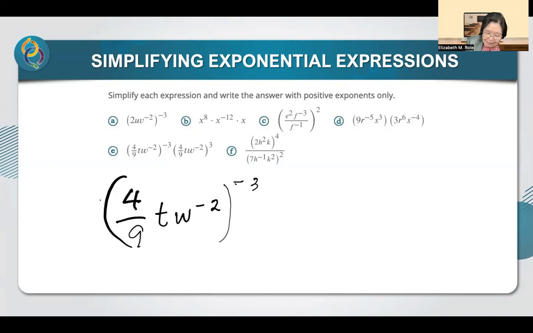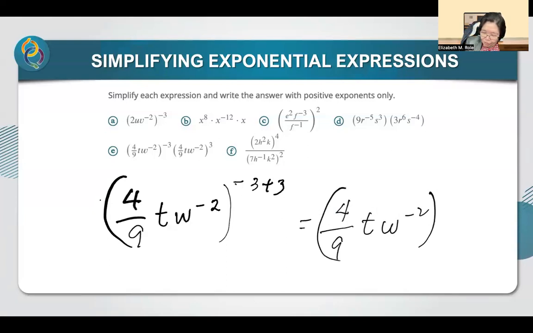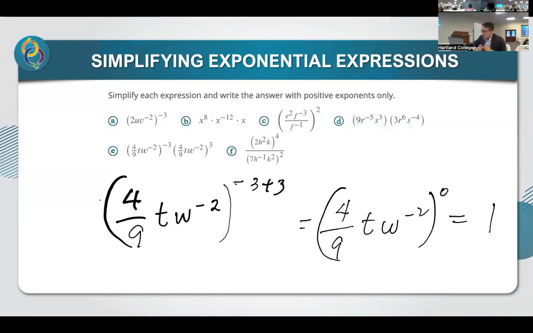We raise this to negative 3 plus 3, which gives you 4/9 t w to the negative 2 to the 0, which is 1. Whether the thing is very complicated, as long as it is raised to the 0 power, the answer is 1. Very nice. Okay.